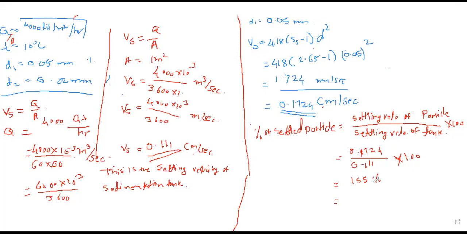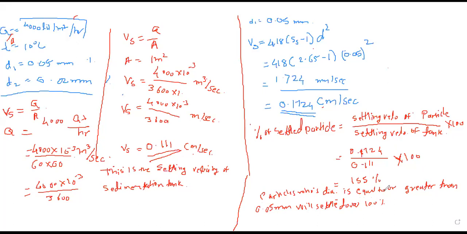So here we cannot say it is 155%. We can say particles whose diameter is equal to or greater than 0.05 mm will settle down 100%. 155% means the mathematical value is coming 155%, meaning the entire particles are going to be settled down in the existing design of the settling tank.